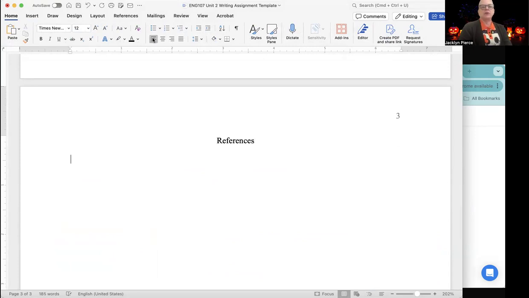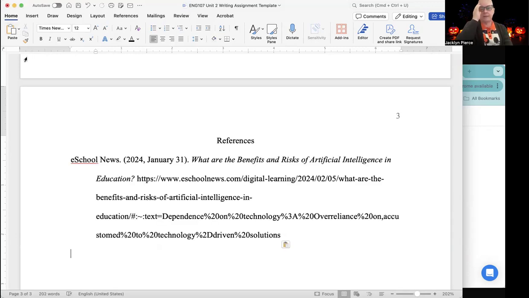And I'm going to create what's called a hanging indent by moving the bottom arrow over, and I'm going to paste, and I'm going to match formatting. Why you want it to match formatting is that it will save those italics, basically. And if you forget to do that, you can go back in and add the italics. It's not a big deal. But that is what your actual APA reference would look like.